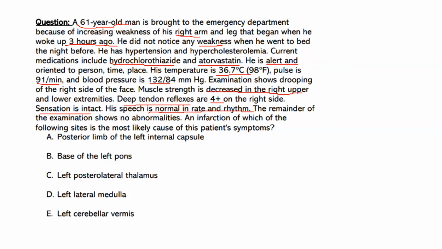Because this patient has a loss of general sensation, that's going to be as a result of a loss of the posterior limb of the left internal capsule. That's why it's right-sided. For the base of the left pons, you'd expect different presentation.